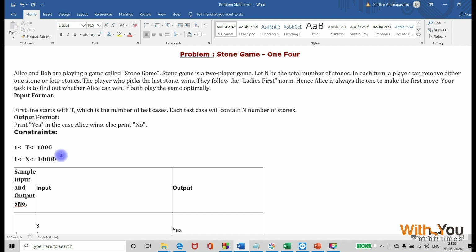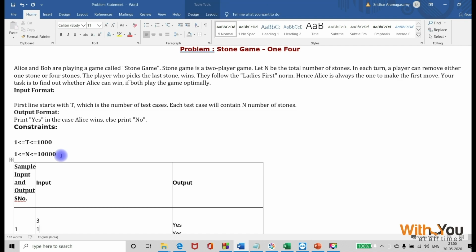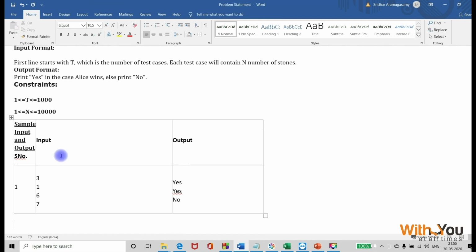But here, the test case count is going to be 1000, so the time taken would be something substantial. These are all subtle clues given by whichever organization sets the problem.